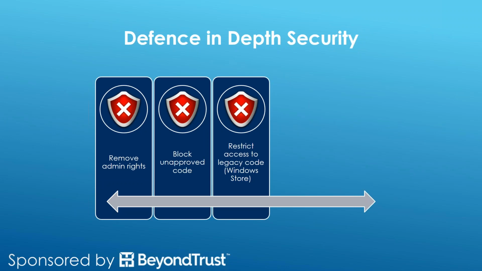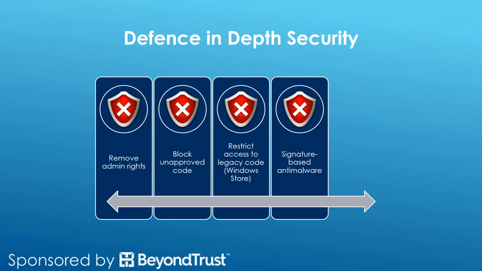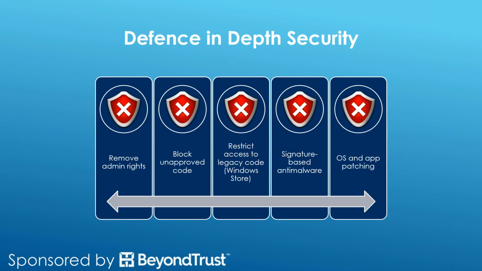Also, restrict access to Win32 applications, so you might set up your own Windows Store for Business. There's still the traditional anti-malware software that plays a role. Even though it's thought to be only about 50% effective, it's still important to have there. And of course, you should always keep Windows and all of the apps installed on each system up to date.